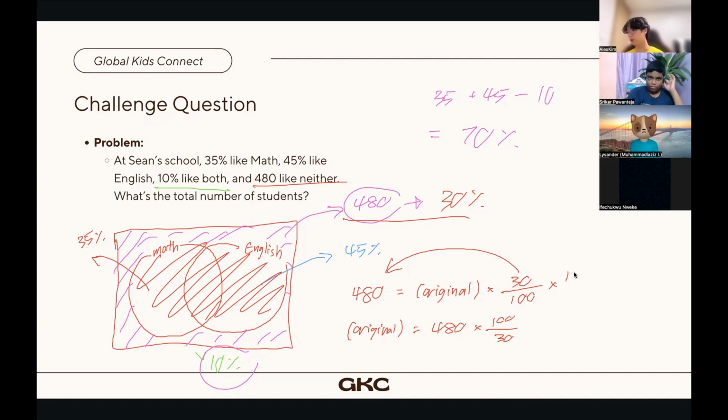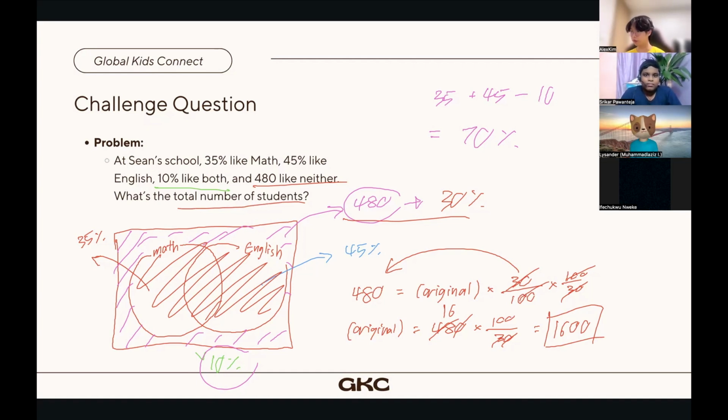Because if we multiply 100 over 30 to each side, then on this side everything will cancel out and equal 1. If we put this in our calculator, or you can do it by hand, we first get 1602, and then we can get rid of 3, so that we get 16, and that will equal 1,600 students. And so this is our final answer. The total number of students at Sean's school is equal to 1,600.